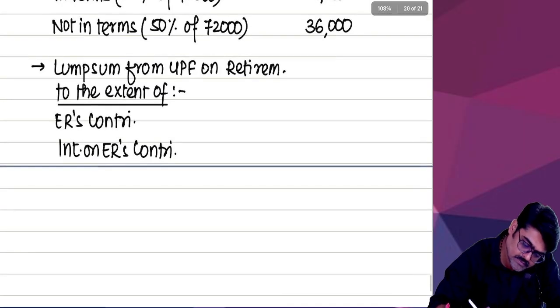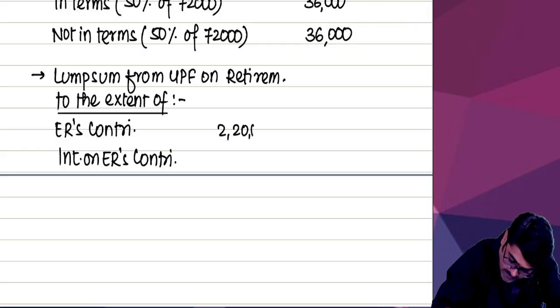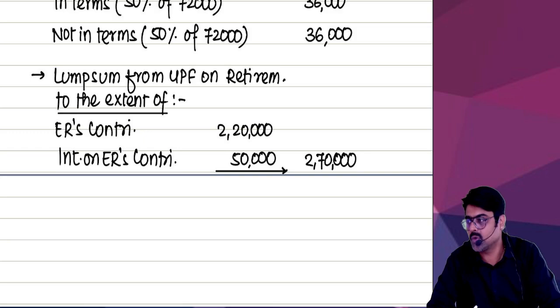How much? Employer's contribution is how much, guys? 2,20,000 and interest thereon 50,000. So the total lump sum taxable will be how much? 2,70,000. The entire 6 lakh will not be taxable, only 2,70,000.